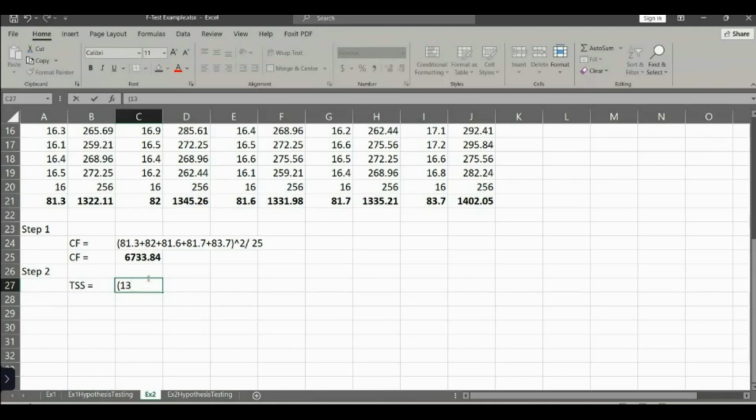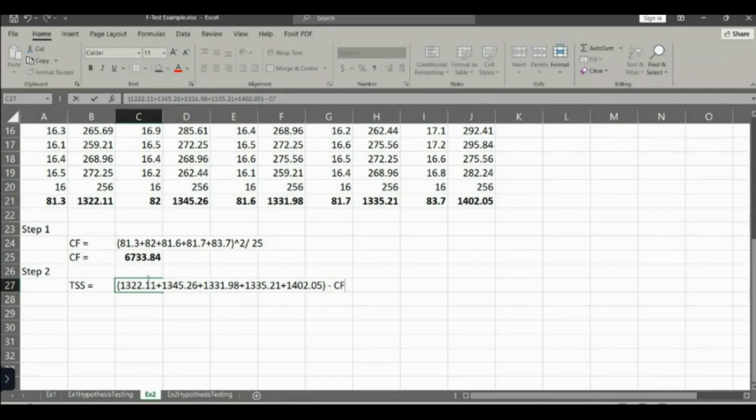Summation of the squared ages: 1322.11 plus 1345.26 plus 1331.98 plus 1335.21 plus 1402.05. Close. And then do not forget to subtract your CF.